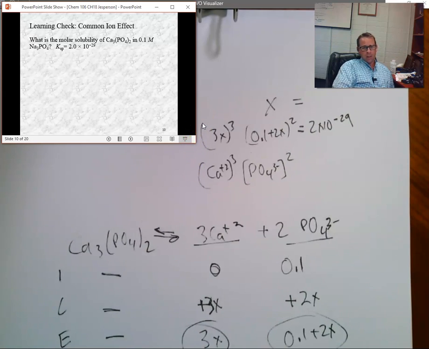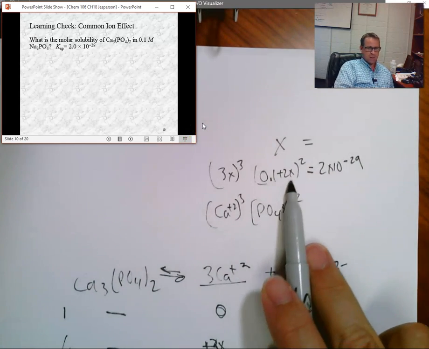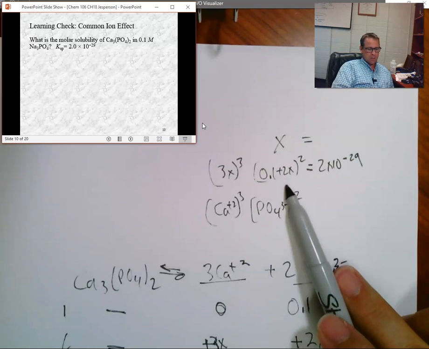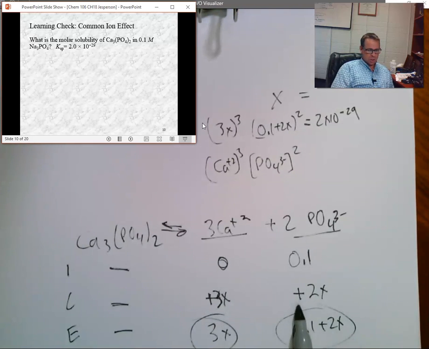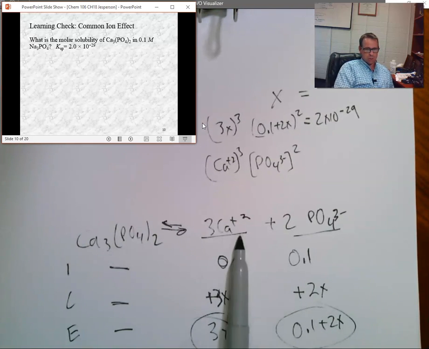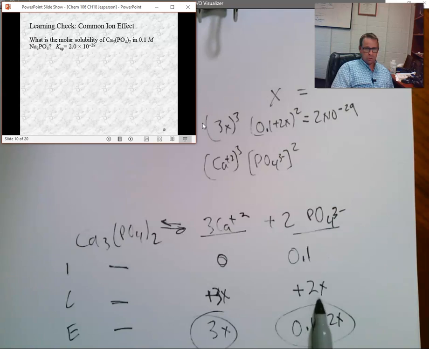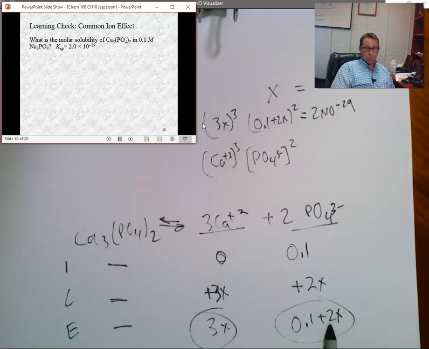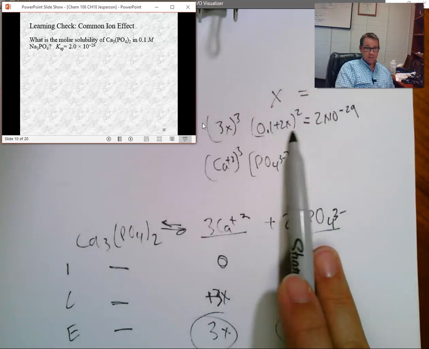Now, this begins to look messy, and so we think about this shift of dissociation, the 2x there. If I take 0.1 and add 2x, is there any way that I can drop that 2x? I'd like to drop the 2x because I can see it's getting messy in here.